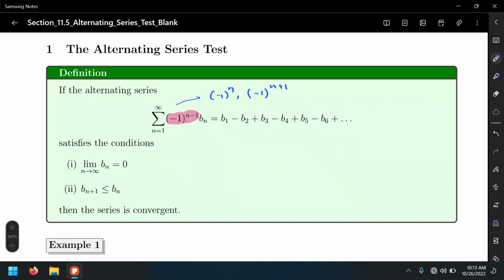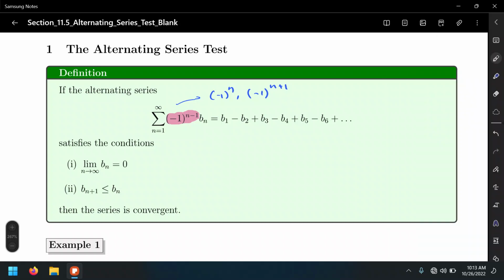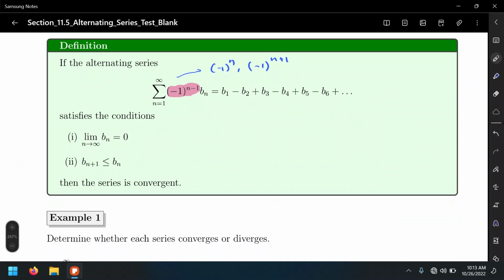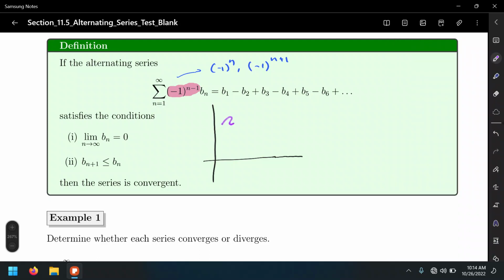Why is that? Let me give you a brief picture of why we want a decreasing sequence as opposed to an increasing sequence. This is what happens with decreasing alternating series. For example, an alternating sequence whose first term is positive, then negative, then positive, negative. See how it's converging to 0 in this situation.